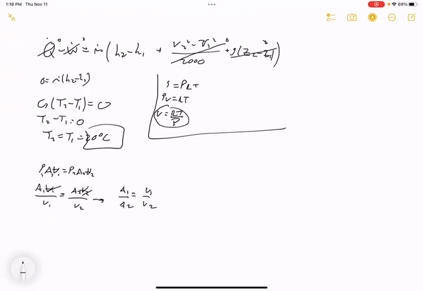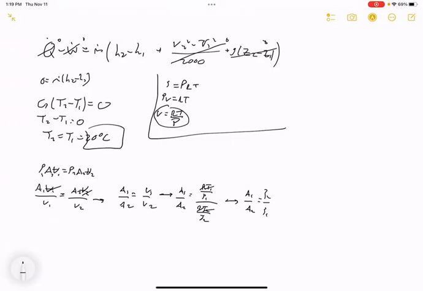Now substituting this, we get A1 over A2 equals RT1 over P1 divided by RT2 over P2. The R's cancel because it's the same gas. We just found that T1 is T2, so those cancel. And we end up with A1 over A2 equals P2 over P1.